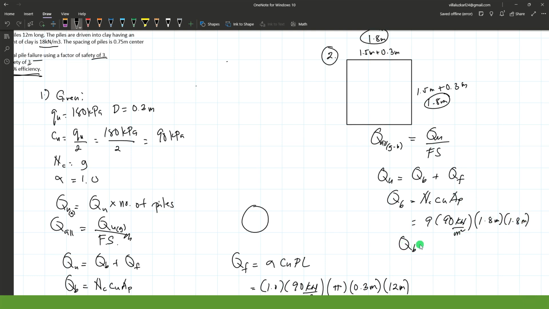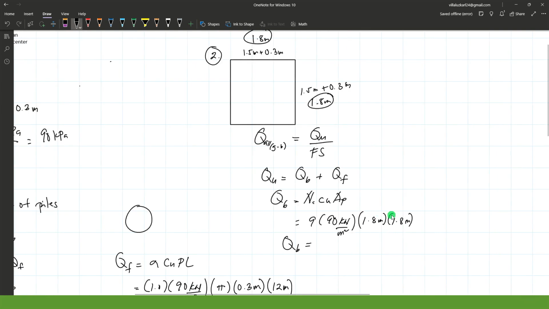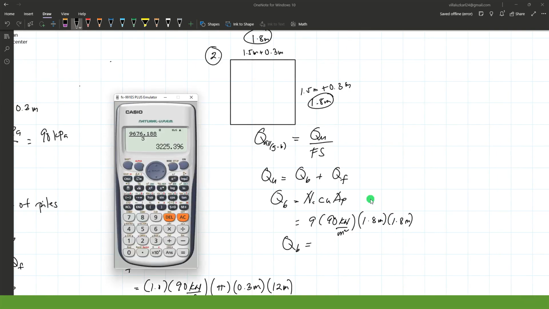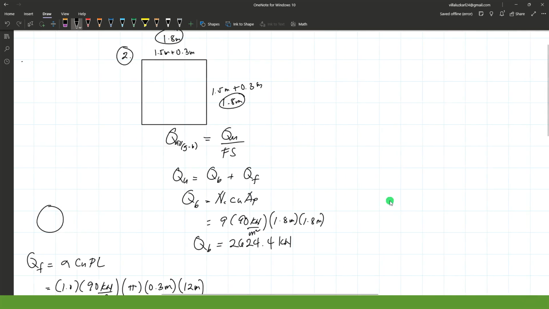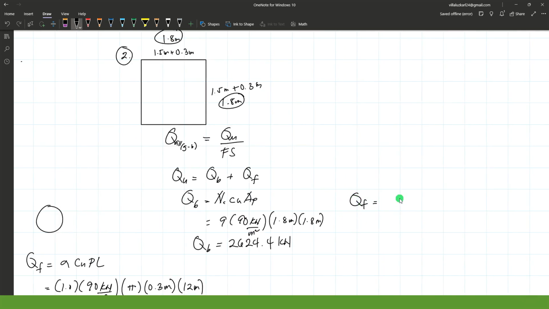So QB is equal to 9 times 90 times 1.8 times 1.8. That's 2624.4 kilonewtons.